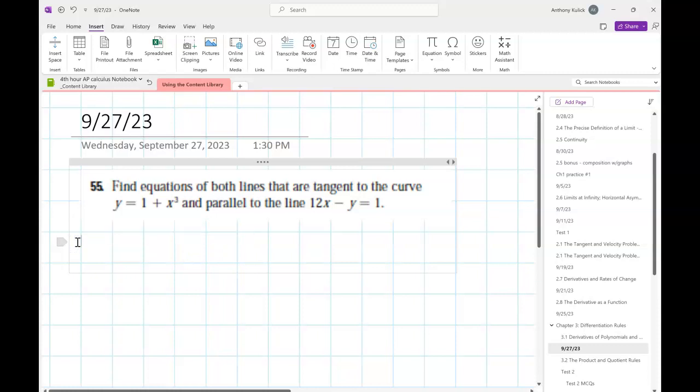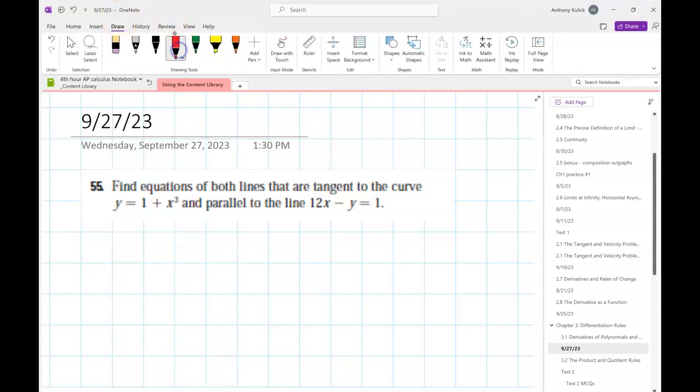Okay, it says find the equations for both lines that are tangent to the curve y equals 1 plus x cubed and parallel to the line 12x minus y is equal to 1. So if I want equations for lines, I need a slope and a point, right?